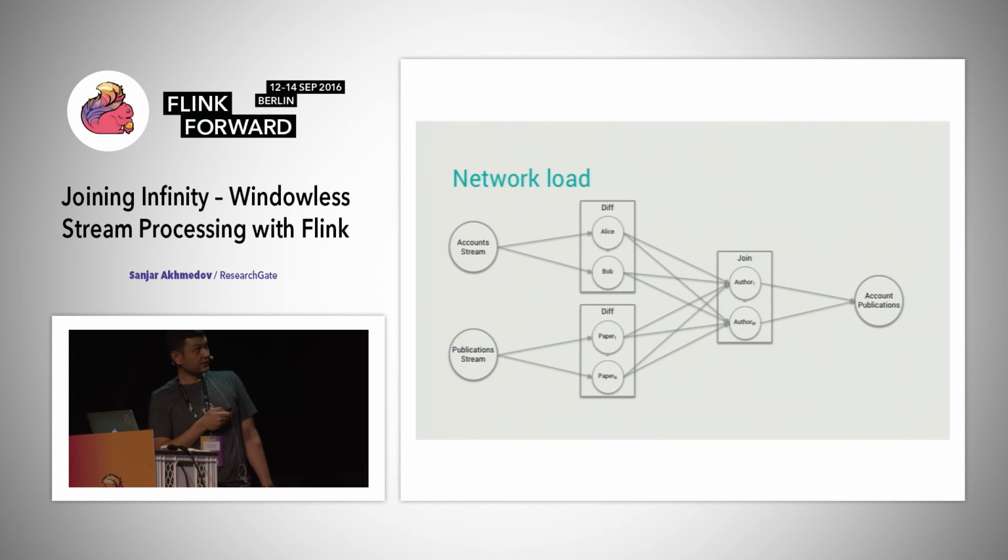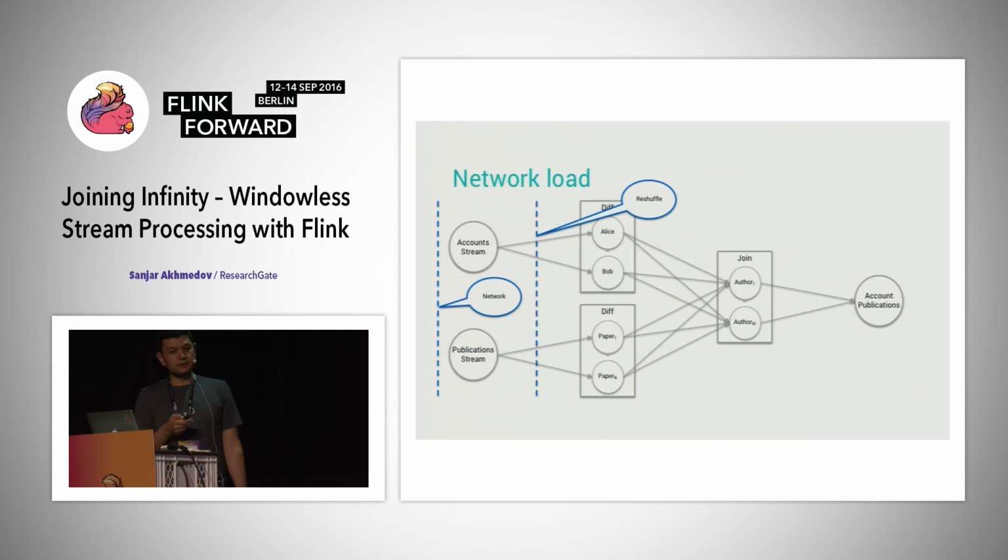Let's see what the network load is. In the input, because we read from Kafka, there is network. And we need keyed streams. We have to reshuffle the data by key to use value state, or Flink managed state. Then to do a join, we have to reshuffle again by a different key, which is author ID.